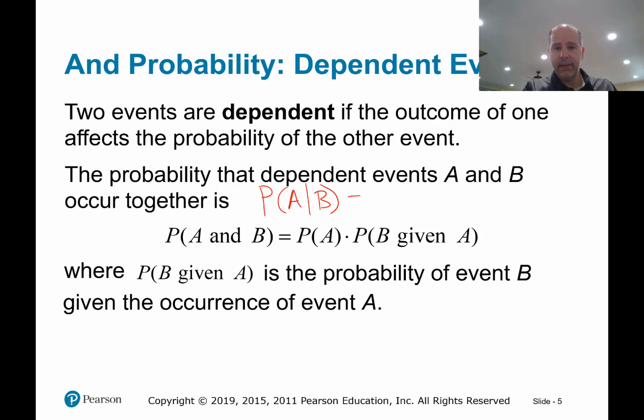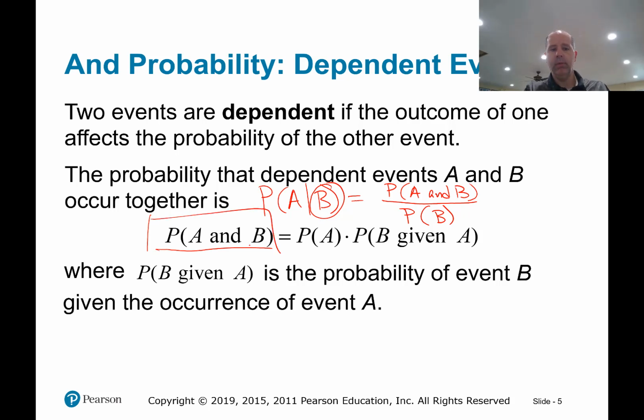The formula, or the definition, of conditional probability is the probability of A and B all divided by the probability of B. In this case, whatever is after the given sign is what goes in the denominator, the probability of B. And so that's how we get the general multiplication rule, because all we do is solve the conditional probability for P of A and B. So whenever we have dependent events, we have to use the general multiplication rule, which is given here.